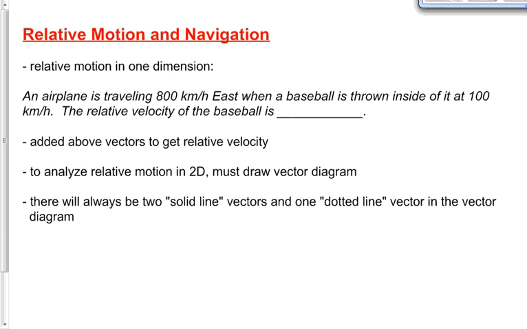Now, when we're given one of these problems, it's not going to be worded quite as simply as the problems we've done to this point. The mathematics is probably going to be easier, but the wording is going to be a little bit harder. A question might say something like, the captain of a ship aims his ship directly west across the river, but there's a river current flowing to the south.